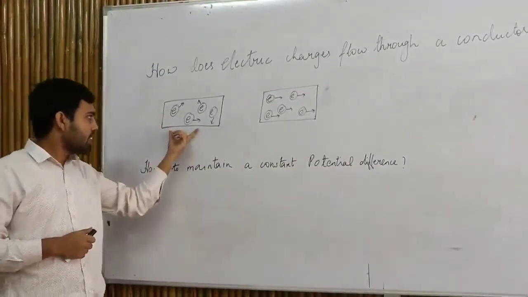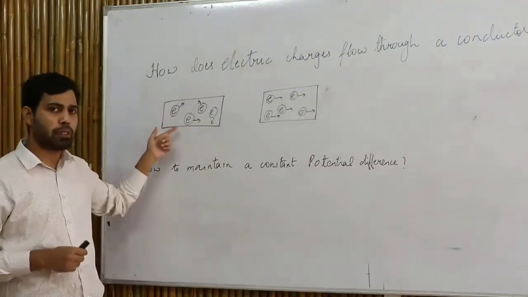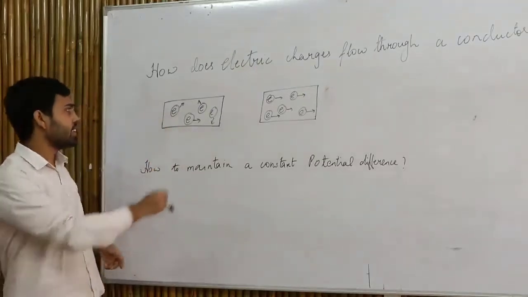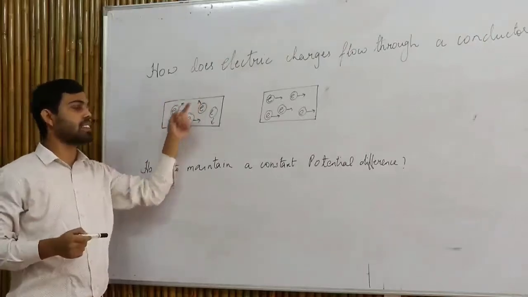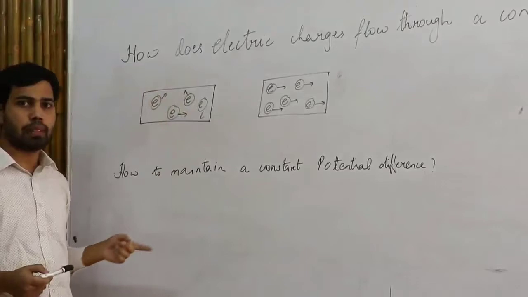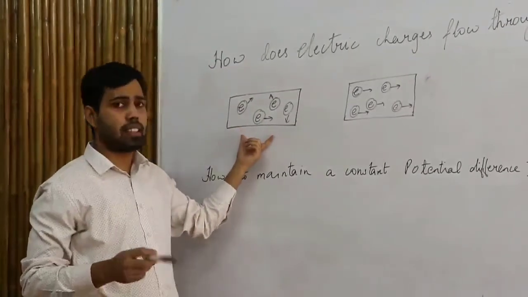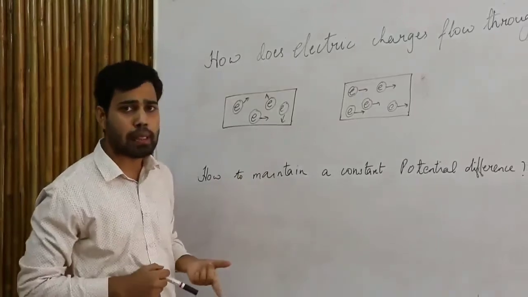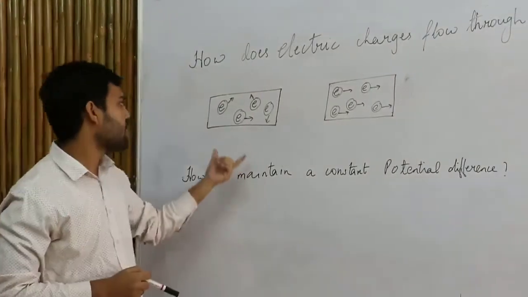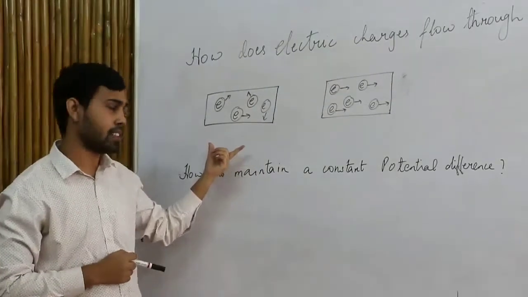If you notice, the electrons are not aligned in a manner. The electrons can freely move in any direction. The first electron is moving in this direction, this electron in that direction, and this one in some other direction. So the electrons are not moving in a specific direction. Why? Because this conductor is not connected with an electric source or a potential difference.